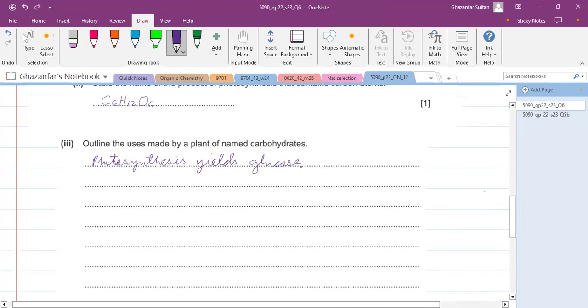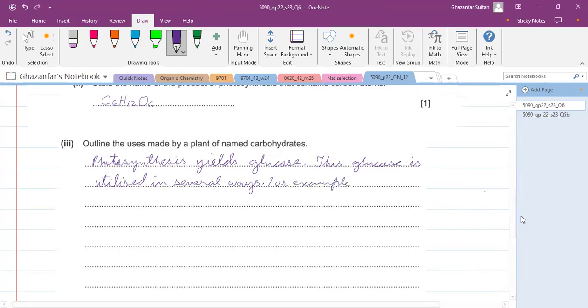This glucose is utilized in several ways. For example, you may write pointwise.